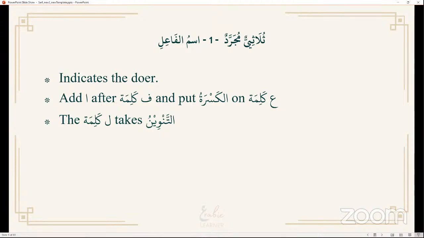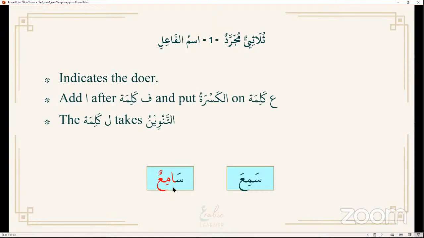Fa'ilun. From Fi'lun, how do you make Fa'ilun? You put alif after the fa kalima, you put kasra below the ain kalima, and you put tanween on the lam. So for example, if it is sami'a, you will say sami'un.